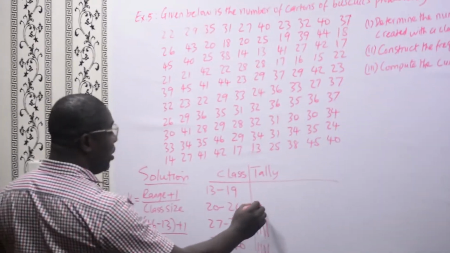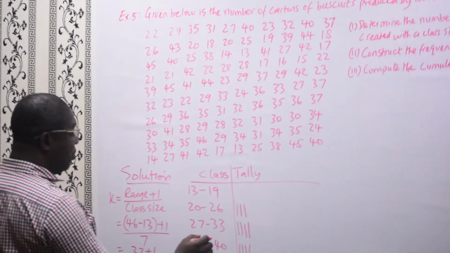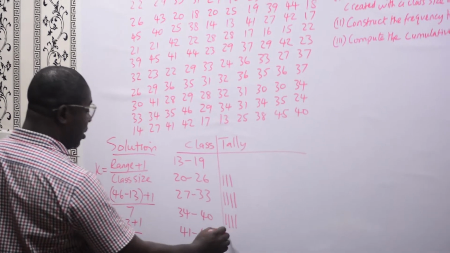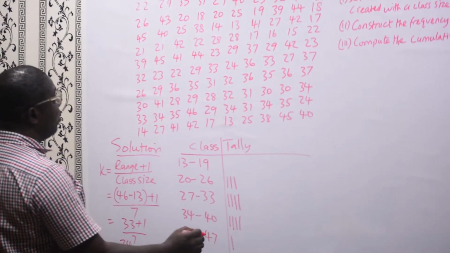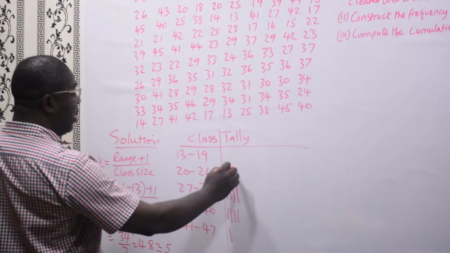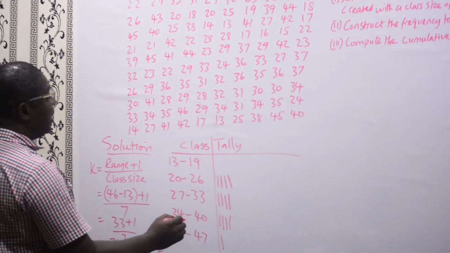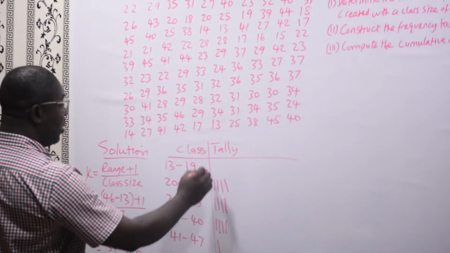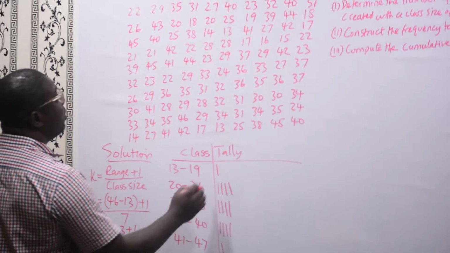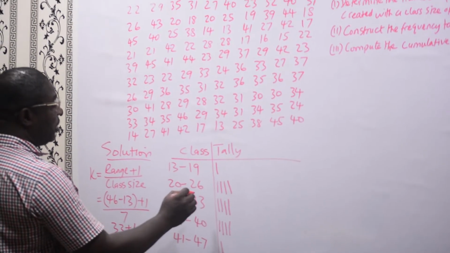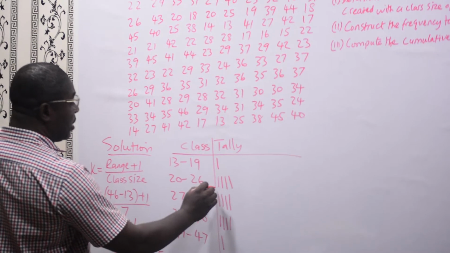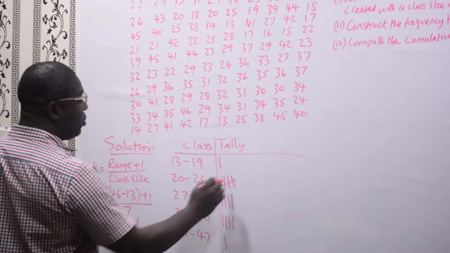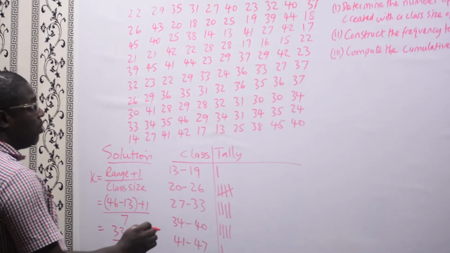26 will be in this class, 43 will be in this last class, 20 will be in this class, 18 will be in the first class up here, 20 will be in this class. Since we have 20 in the fifth count, so we bind it.